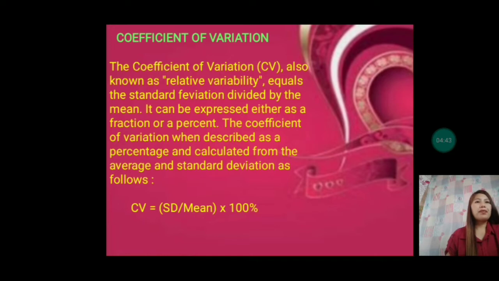By computing the value of the coefficient of variation, we simply use this formula, which is standard deviation over mean times 100%. If we have a given number, we simply substitute it and we can find the value of our coefficient of variation.